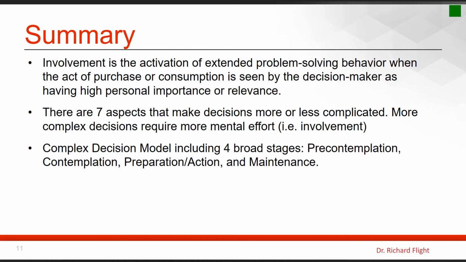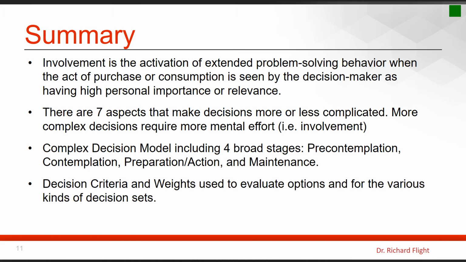And then we had this big model, the complex decision-making model, with stages: pre-contemplation, contemplation, preparation, action, and maintenance. One of the key ideas here is that there are decision criteria and weights that can be used to help the consumer walk through a logical step of processes, or the way we think sometimes in terms of how decisions are made.